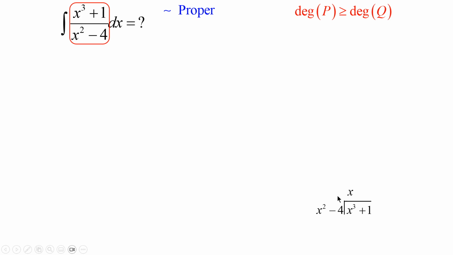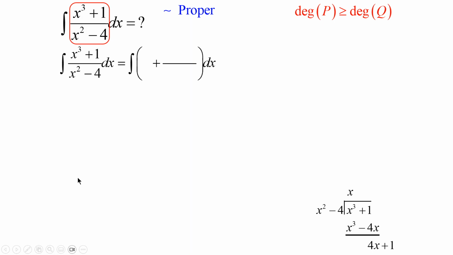And I know it's been a while, but what are we going to multiply by? X. And that's going to give me an x cubed minus 4x. And then we subtract these polynomials. And if we do that, I've got to go minus a negative 4x, get a 4x, and then plus 1. All right. And I have my divisor, my quotient, and my remainder right there.